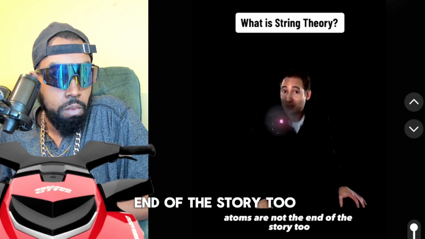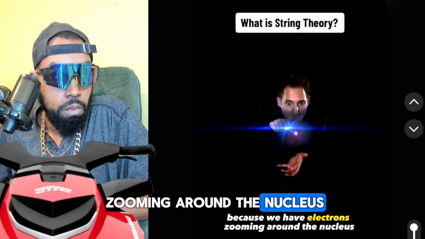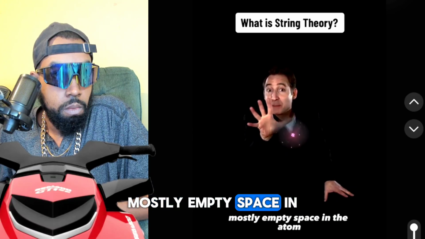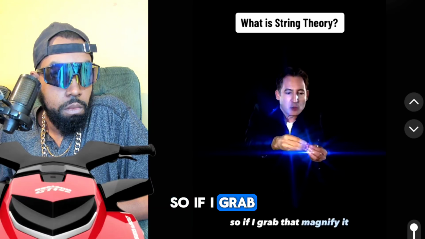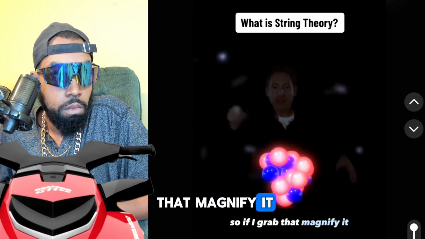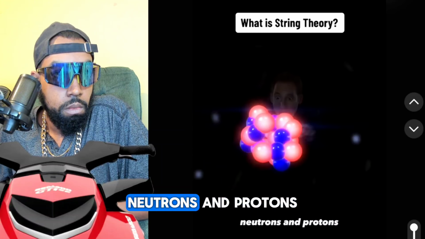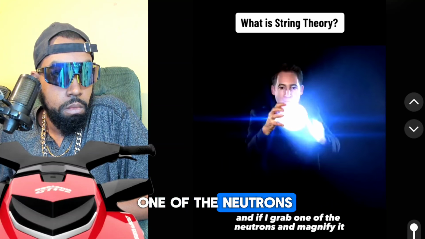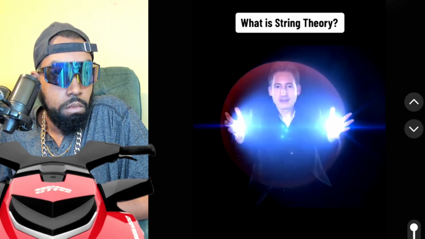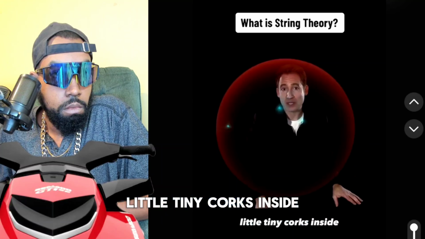Atoms are not the end of the story, too, because we have electrons zooming around the nucleus. Deep inside, mostly empty space in the atom, but deep inside, we see the nucleus. So if I grab that and magnify it, I see that the nucleus is itself made of particles, neutrons and protons. And if I grab one of the neutrons and magnify it, I find yet further particles, little tiny quarks inside.